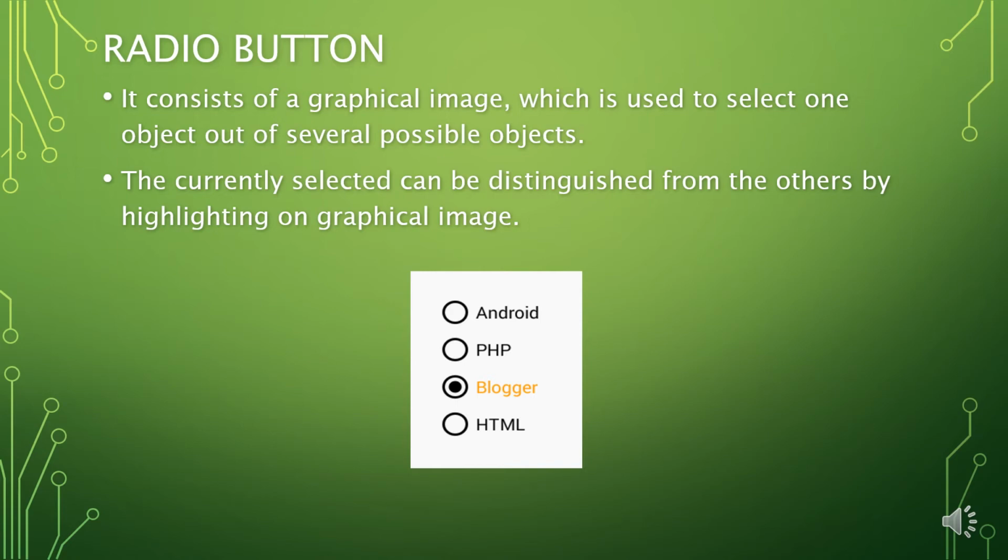The currently selected option can be distinguished from the others by the highlighting of the graphical image. As you can see in the picture, you have multiple options of a platform like Android, PHP, Blogger and HTML. So if I select Blogger, the button turns into a dot. So this is how a radio button can be used.